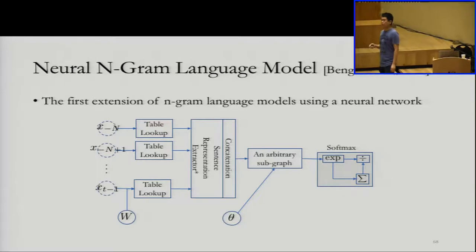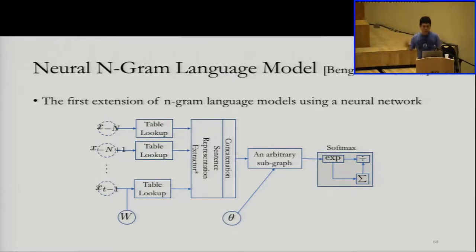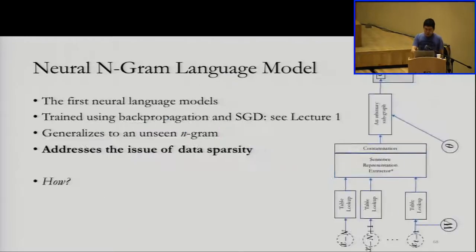We build a neural net-based text classifier that takes as input the previous tokens and outputs the distribution over all possible next tokens. We already know how to do that, and you train it using backpropagation and SGD. Now this network is going to generalize to an unseen n-gram. For an n-gram that never appeared in the training set, this neural net is not going to give you zero probability, but some reasonable probability. And that actually addresses the issue of data sparsity.